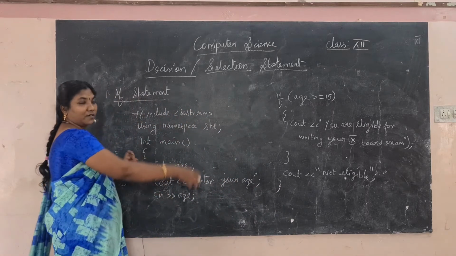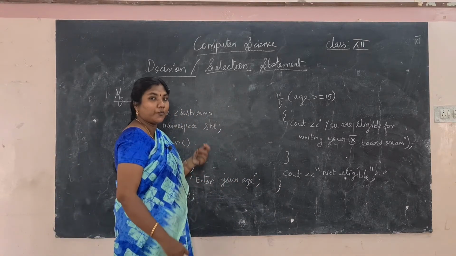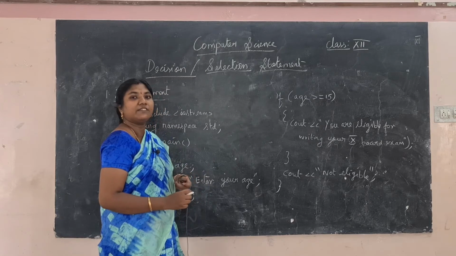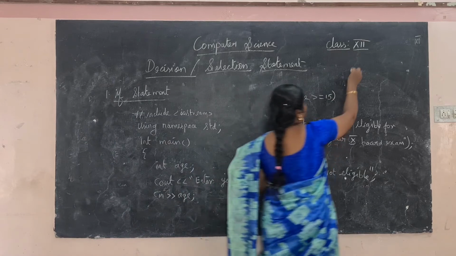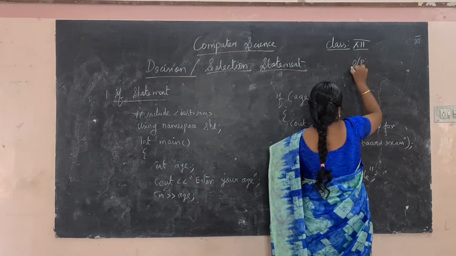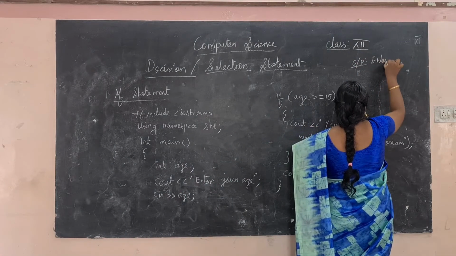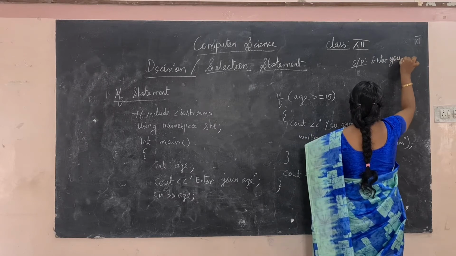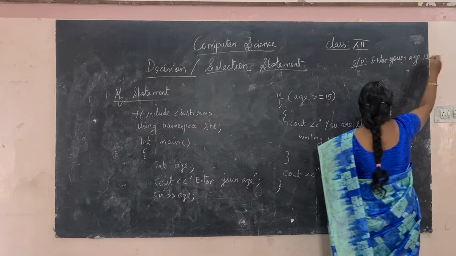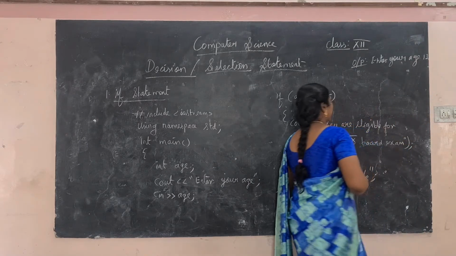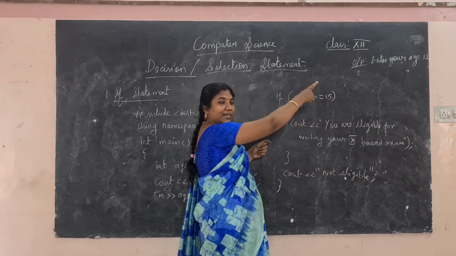In this program, what will be my output if I give the value for age as 13? See what will happen. It will ask me to enter your age. Let me give 13.